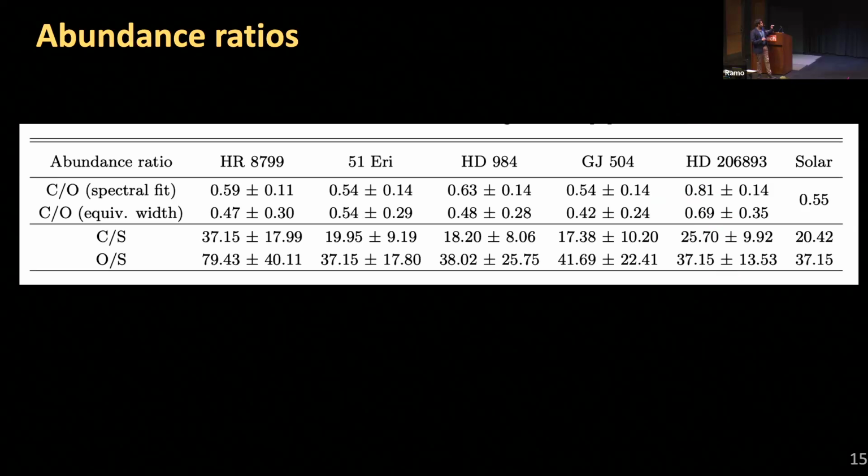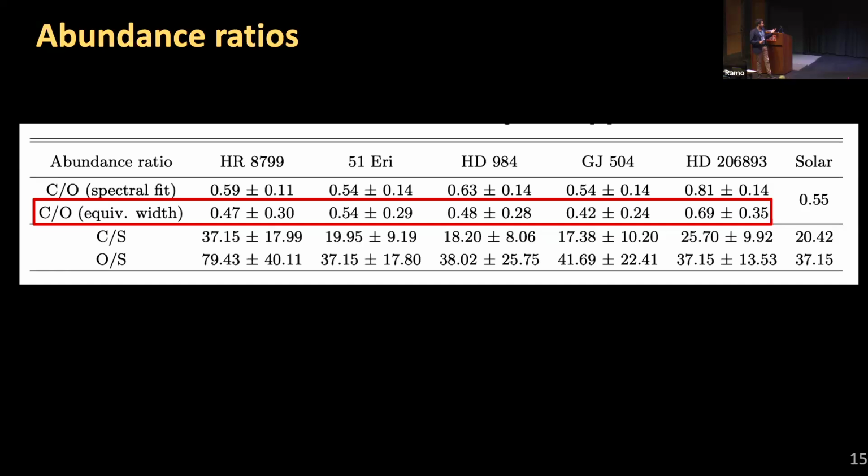But with the C/O ratio, you will notice that the equivalent width C/O ratios are at least a factor of 2 greater than the ones measured via spectral fitting. This is obviously because of the high rotation velocities, which make it difficult to remove the effects of all of the other lines within the big blended feature.